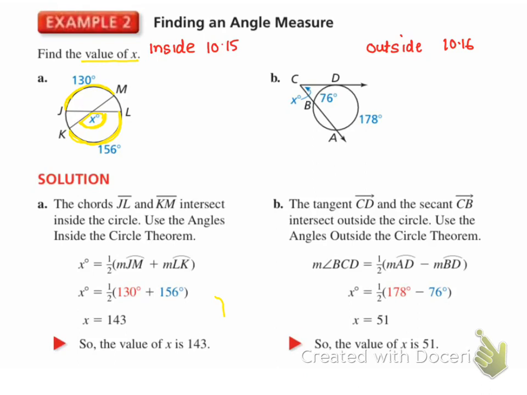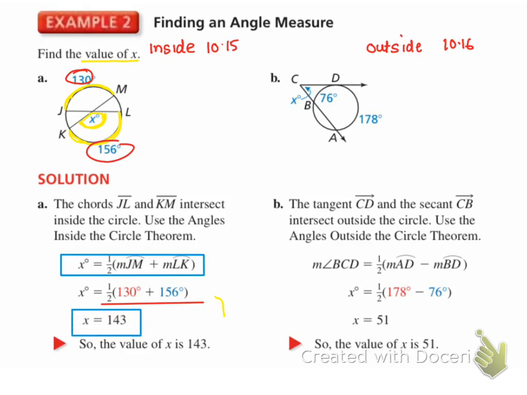So x degrees is the measure of arc JM plus the measure of arc LK, over 2. If you find it hard, simply plug in your values: add 130 and 156, divide by 2, and your final answer is 143.